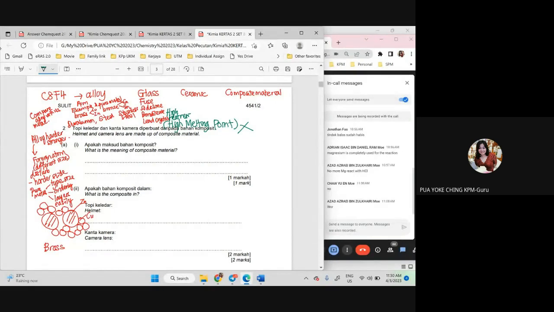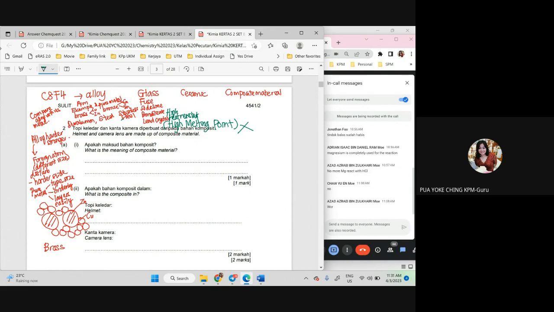Tahan haba tinggi. Kalau you nak kata dia tak mudah lebur, it's tahan haba. Okay, jangan tulis high melting point. Itu ialah physical properties dia. Properties yang disebut di sini ialah ciri-ciri dia supaya kita boleh digunakan dalam benda apa.